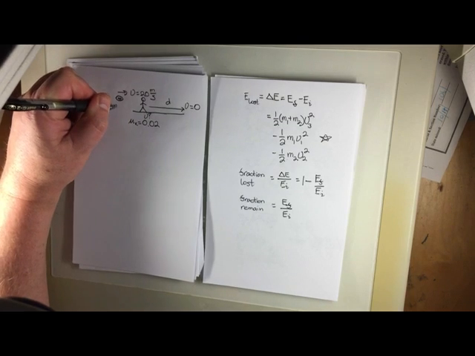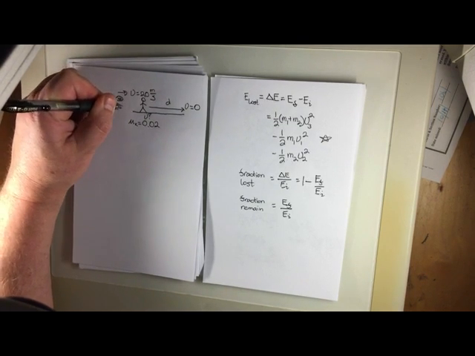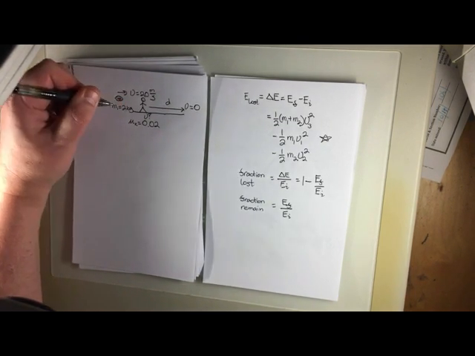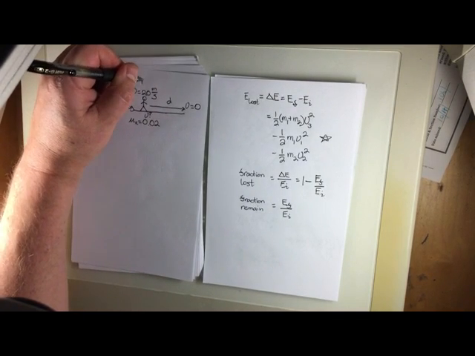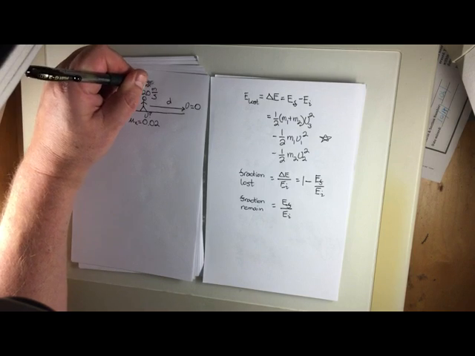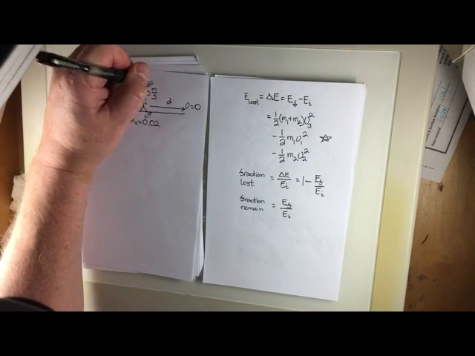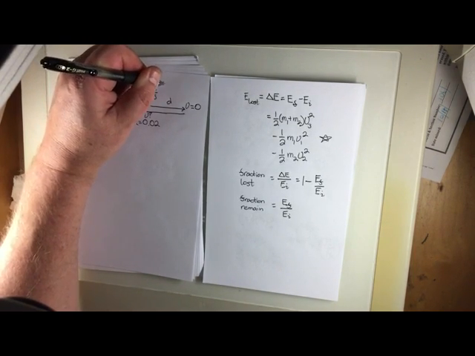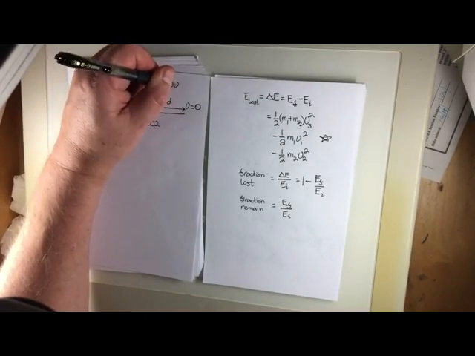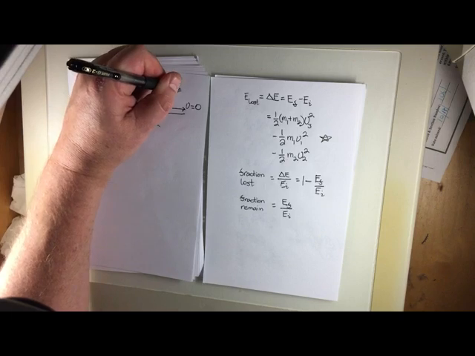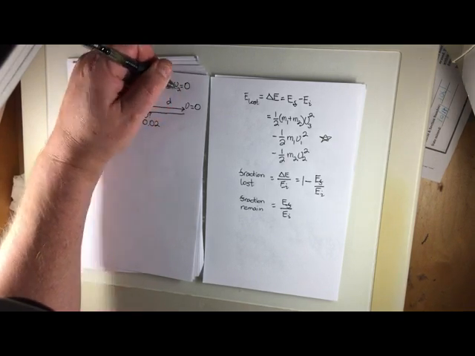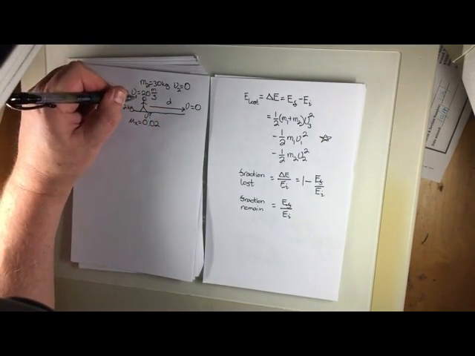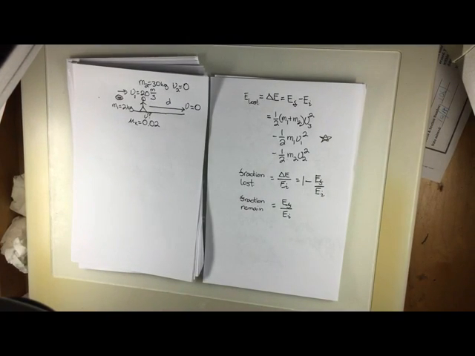So the football mass is 2 kilograms. The person's mass is 30, and he is at rest. The ball has the initial velocity of 20 meters per second.